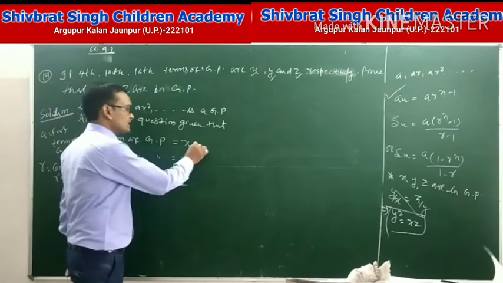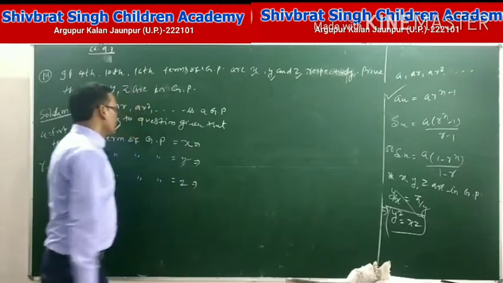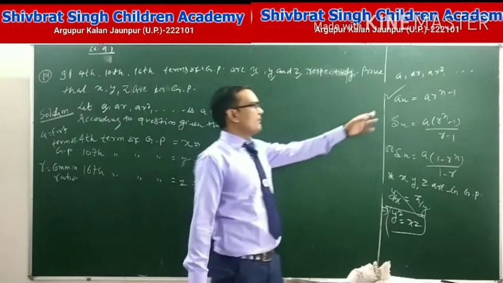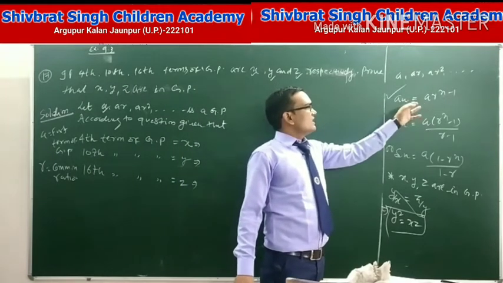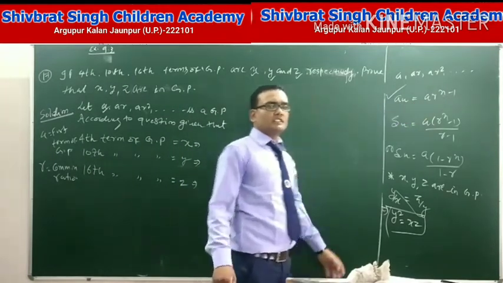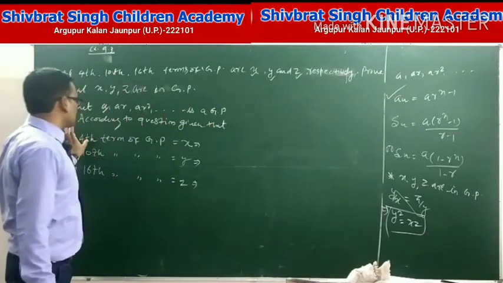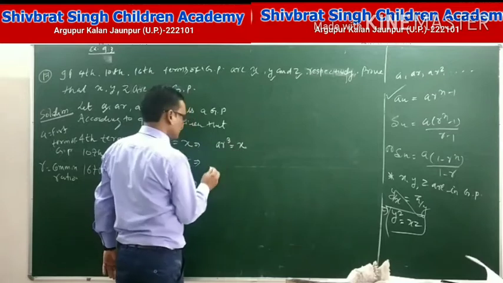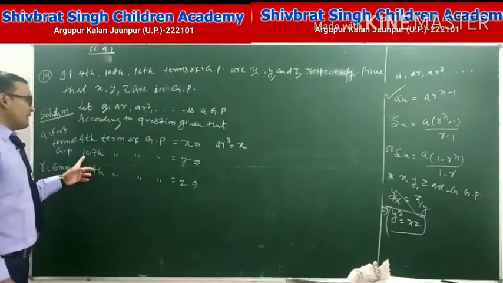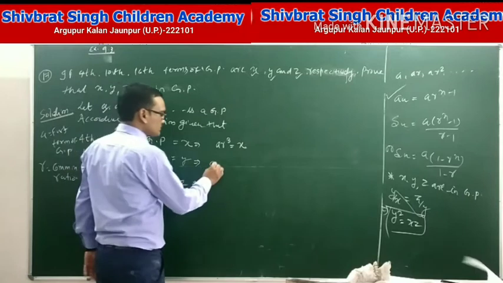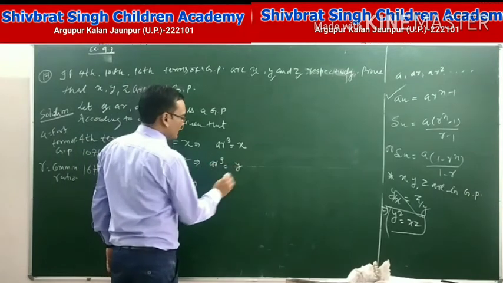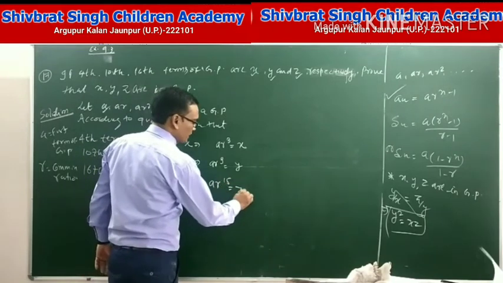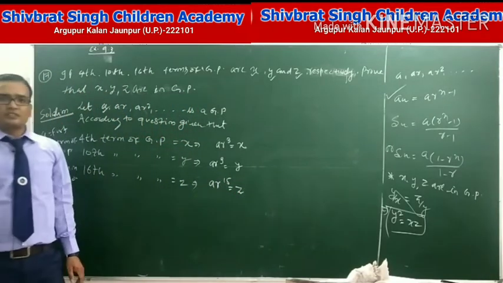This implies that, using the general term of the GP, an equals AR to the power n minus 1, the fourth term is AR to the power 3 equal to x, and similarly AR to the power 9 is equal to y, and AR to the power 15 equal to z. Understand, student?